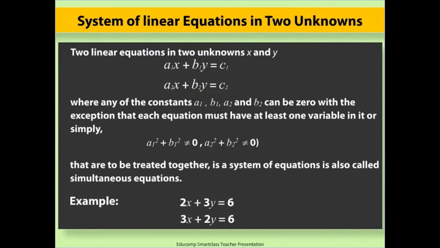Equations that are to be treated together are also called simultaneous equations. Example: 2x plus 3y is equal to 6, 3x plus 2y is equal to 6.